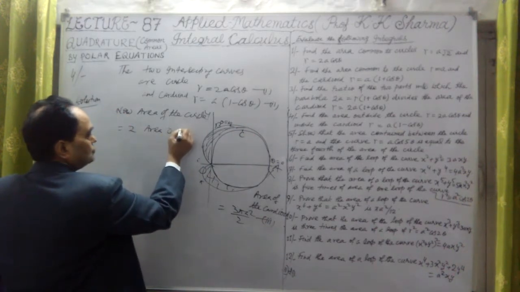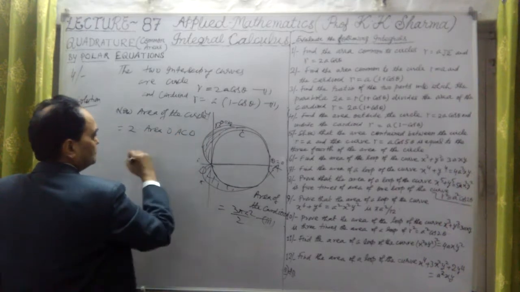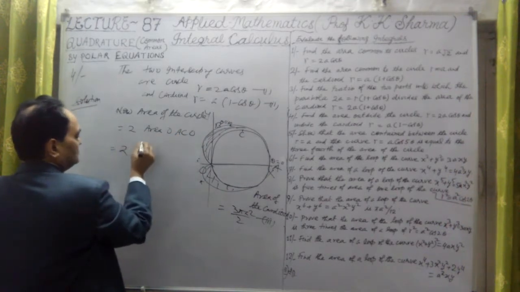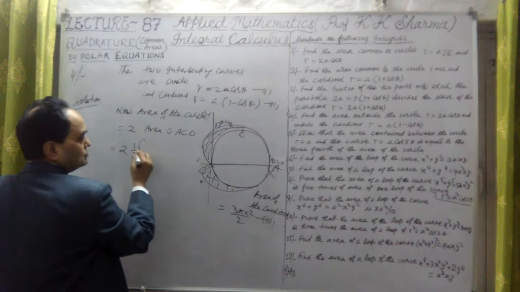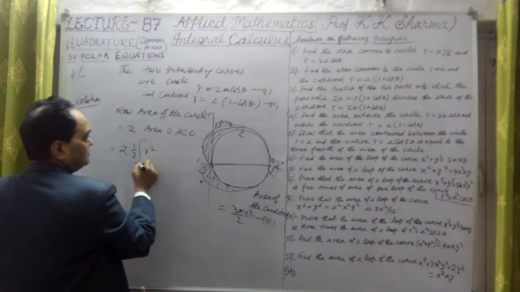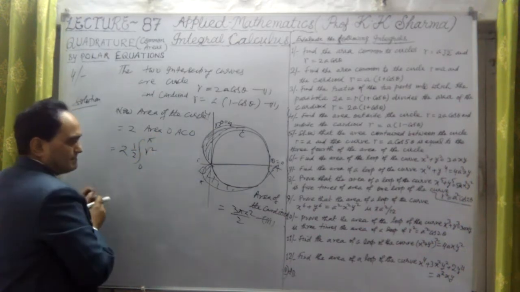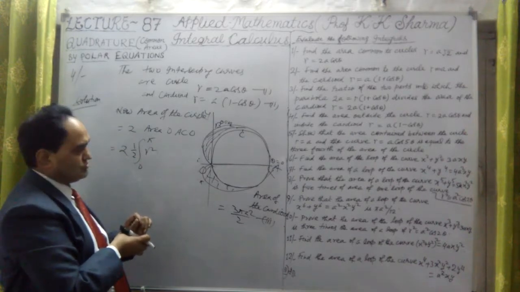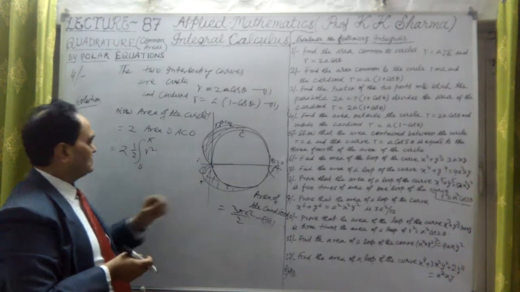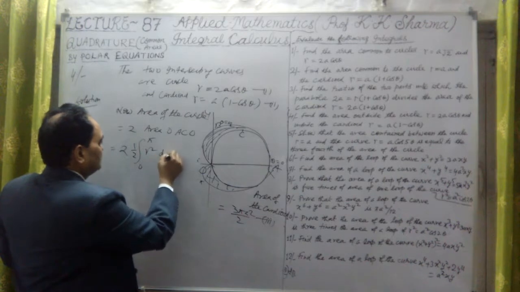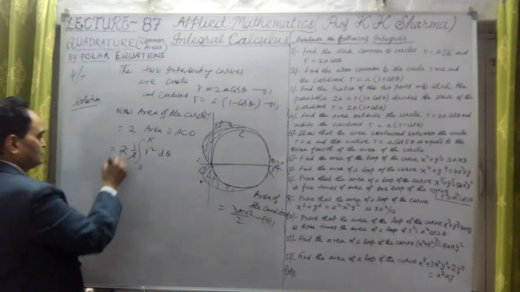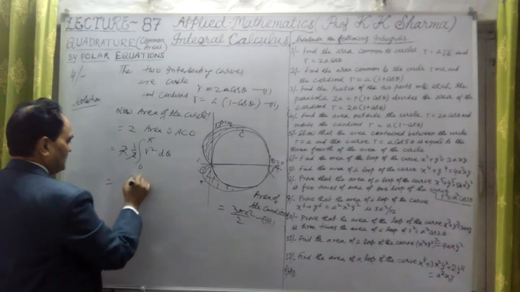So OACO, twice of that. Twice into half. This is r square, limits 0 to pi, into d theta. The half cancels out here. 0 to pi here.